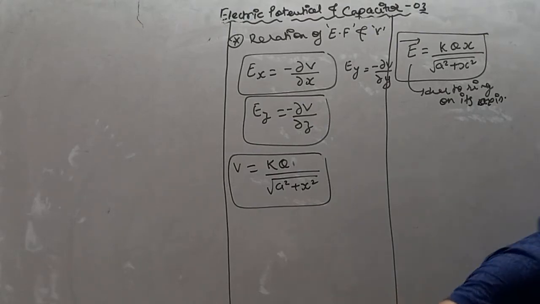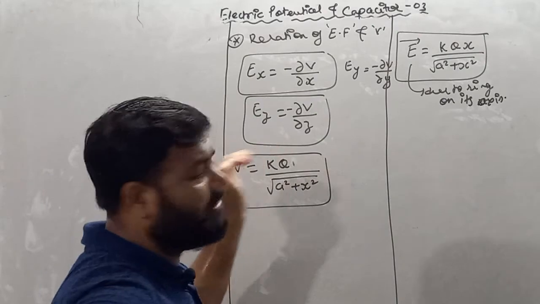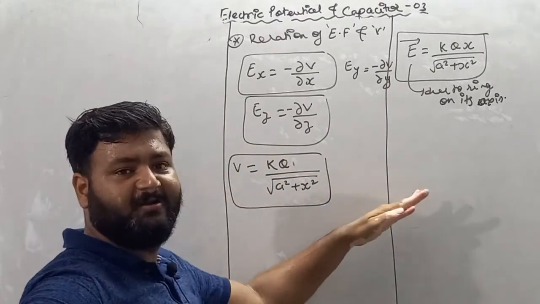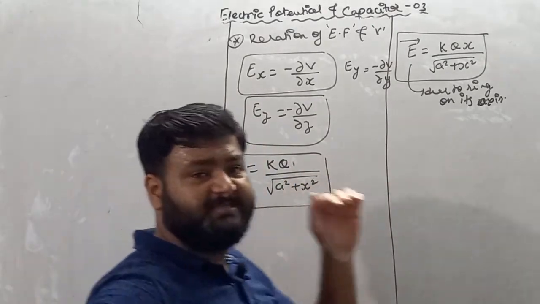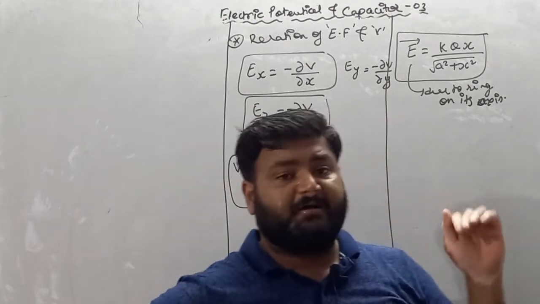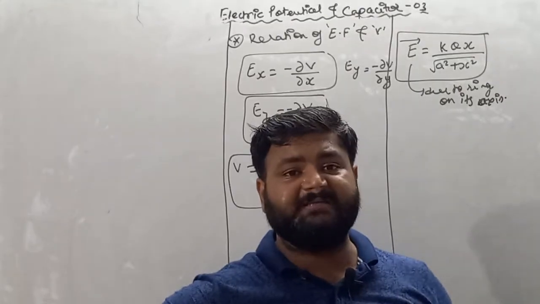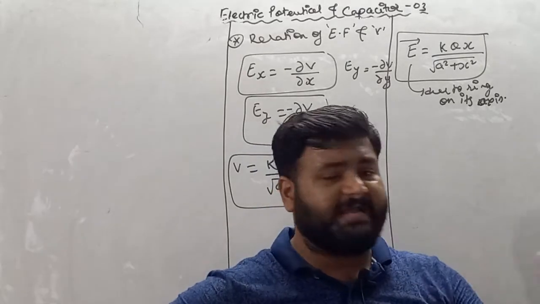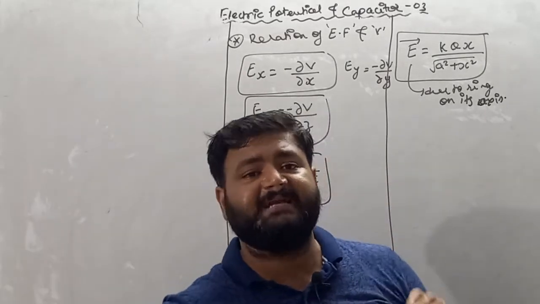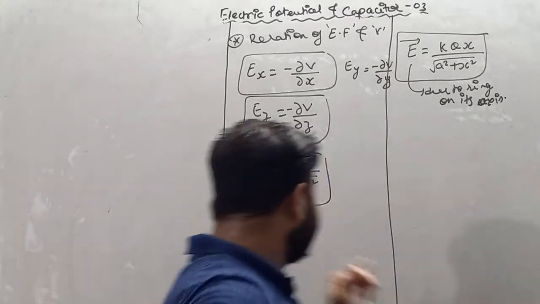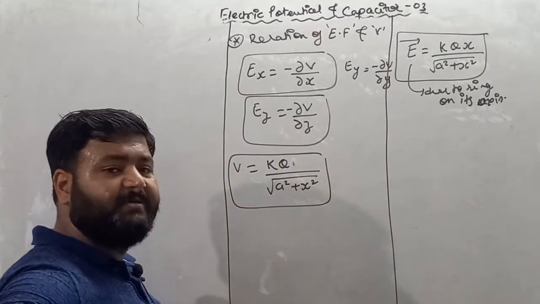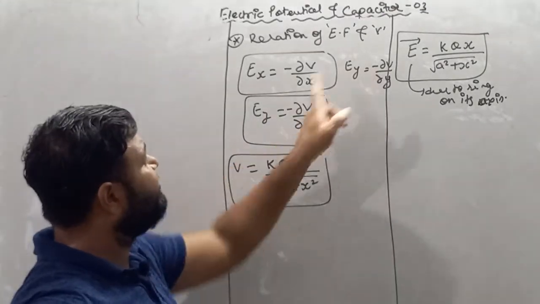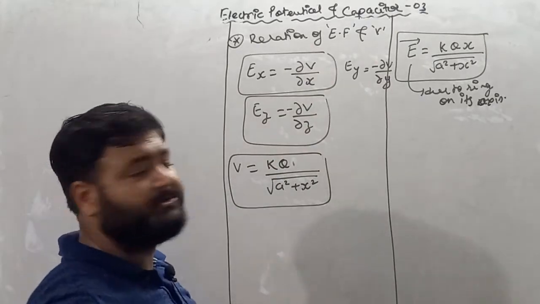Now see, my dear student, we are moving only along x-axis, because the point where we are finding the electric potential is on x-axis. So change in y and change in z becomes equal to 0.